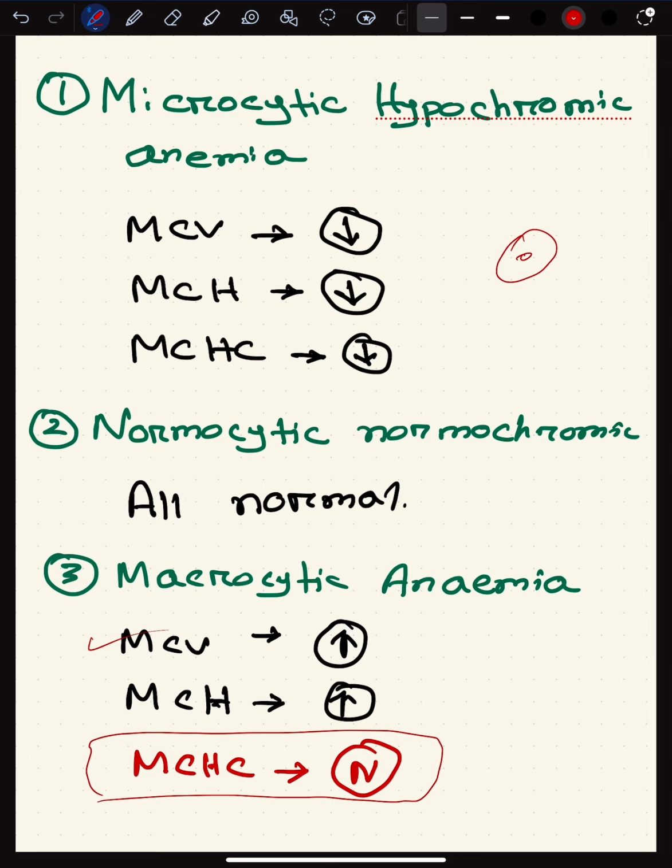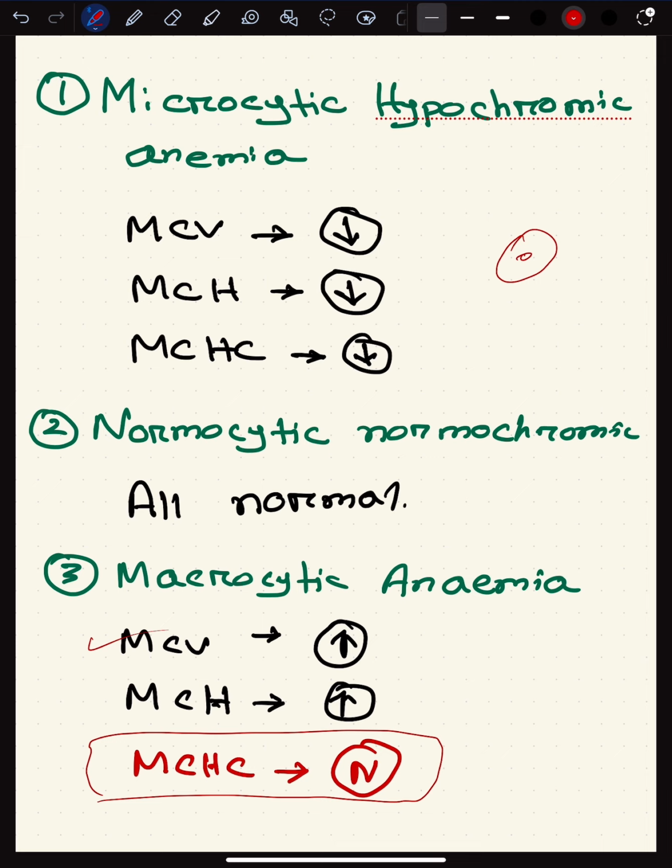They will give you data showing that MCV will increase, MCH will increase or decrease, MCHC will increase or decrease or be normal. You have to interpret all of this data and come to a conclusion: okay, they are asking me about iron deficiency anemia, or they are asking me about vitamin B12 deficiency. So you have to really understand this. Okay, let's move into this.